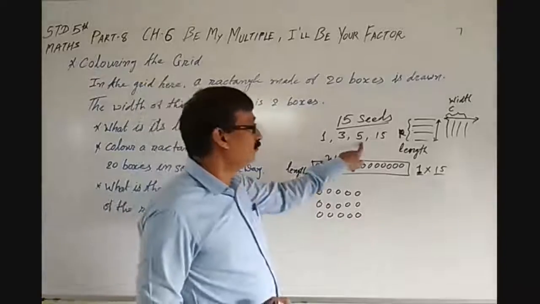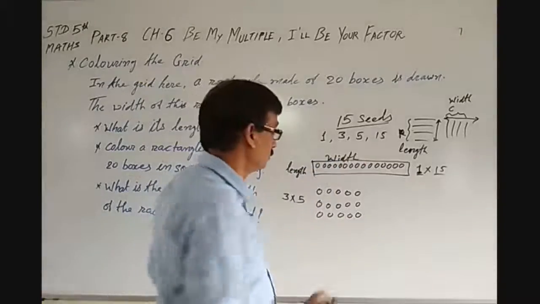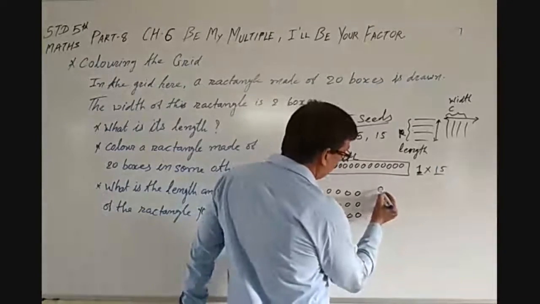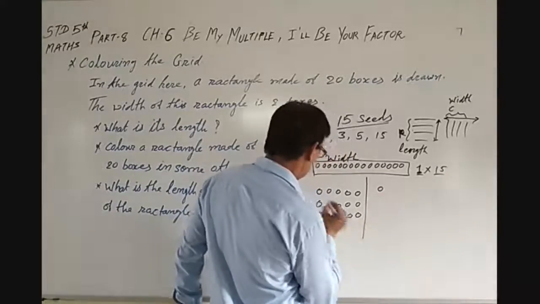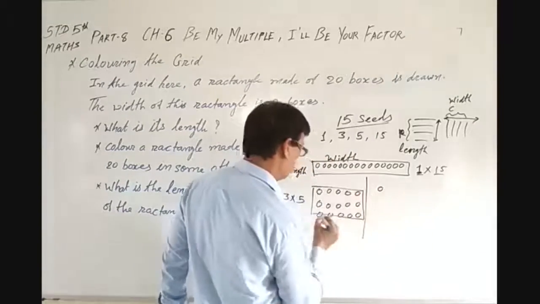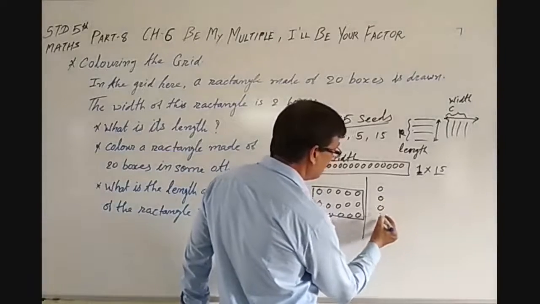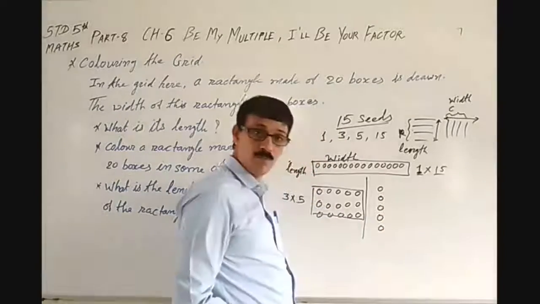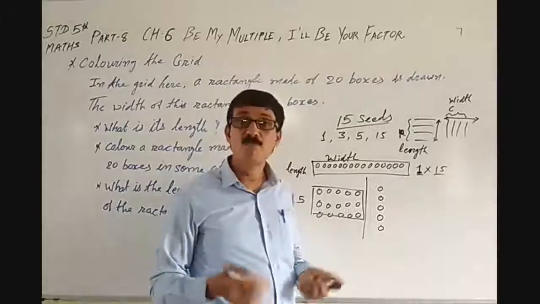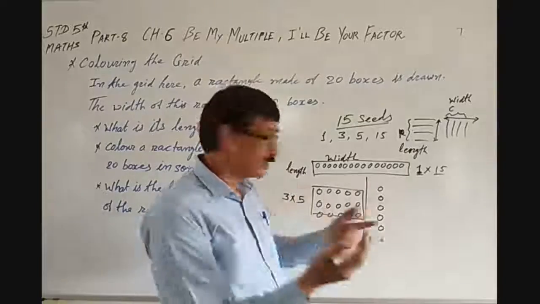Then let's go for 5 rows. Now 5 rows. So 1, 2, 3, 4 and 5 rows. And let's arrange some more seeds.